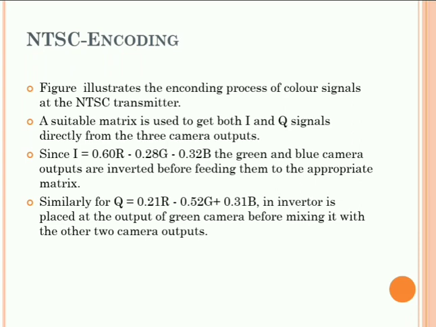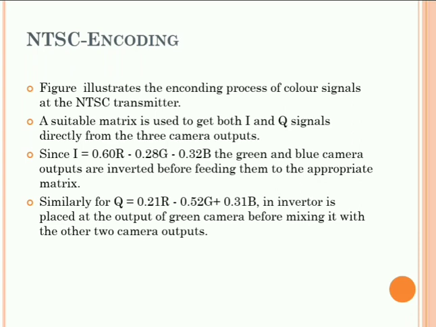We pass these three signals through the NTSC color matrix. After passing through this matrix, we get the I and Q signals directly from the output of the video camera. Since I is equal to 0.60 R minus 0.28 G minus 0.32 B, the green and blue camera outputs are inverted before feeding them to the appropriate matrix.